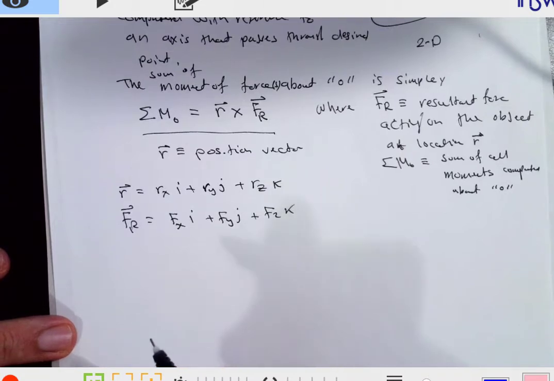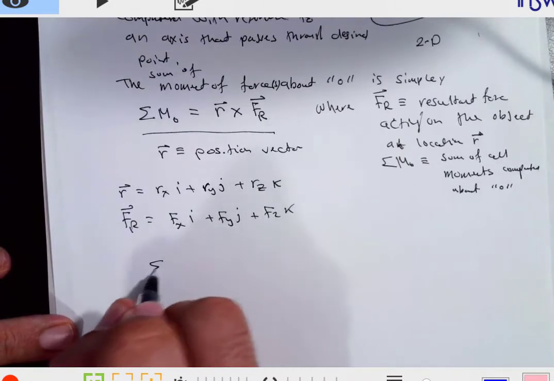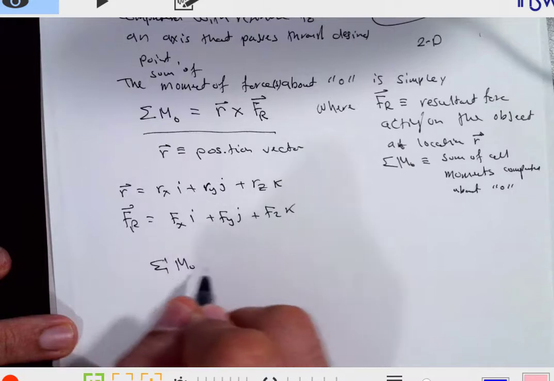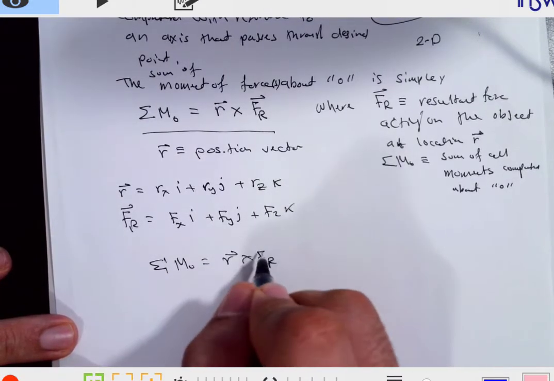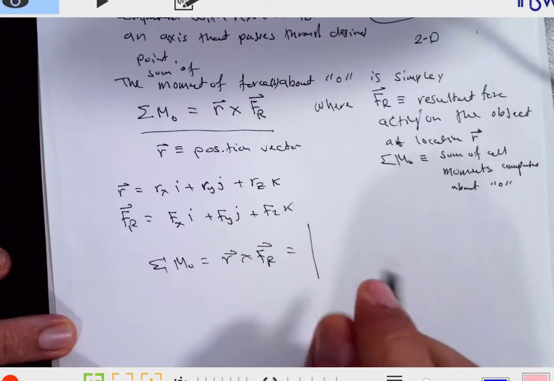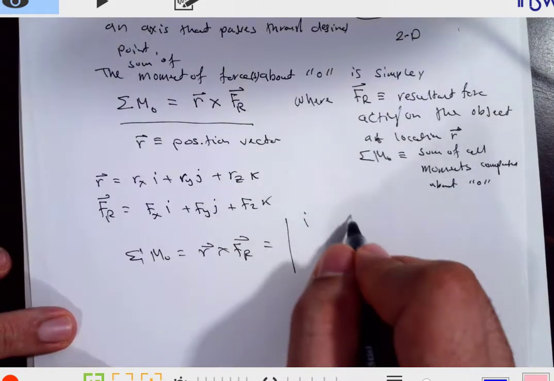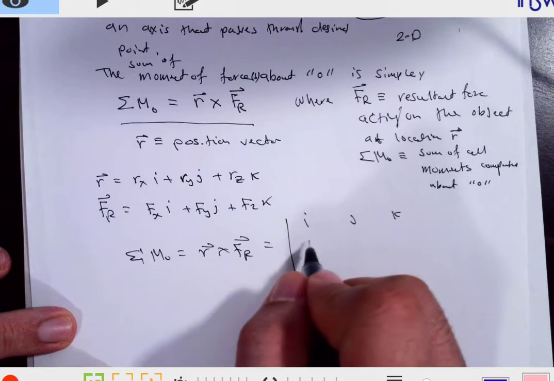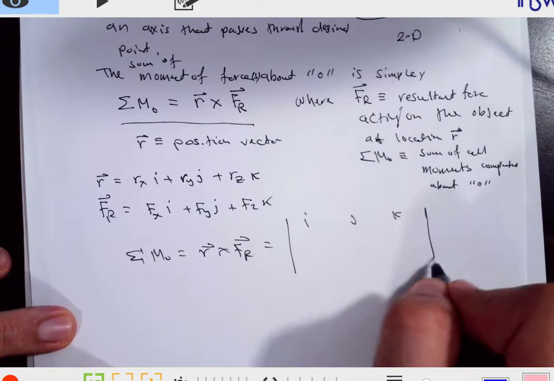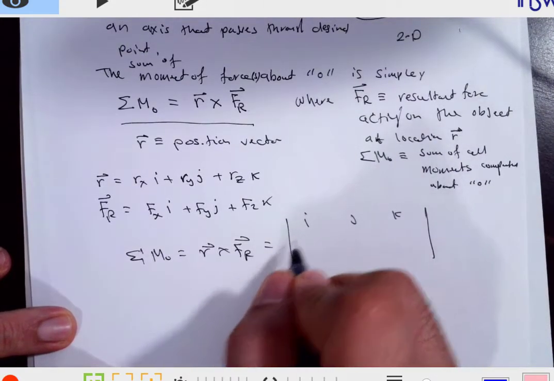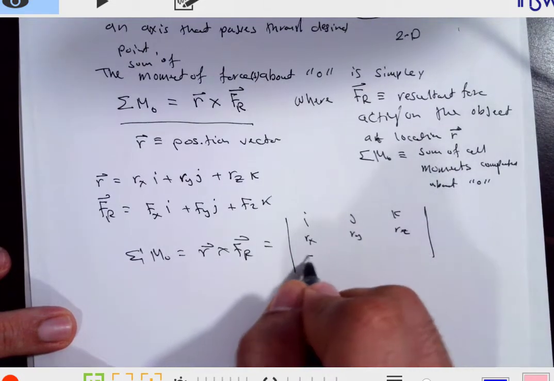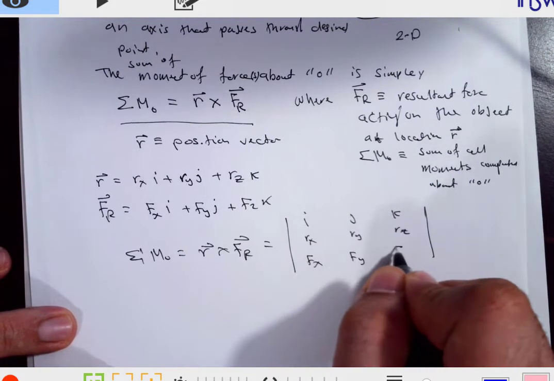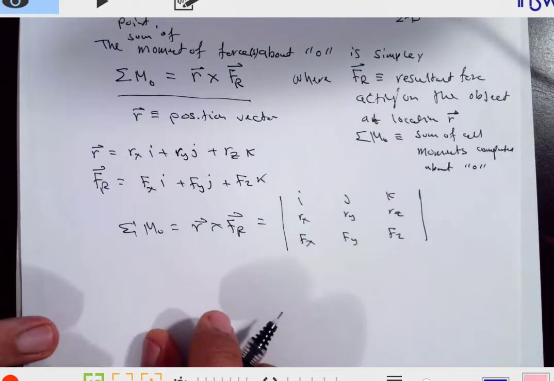Now, this cross product is an operation. Just to remind you, from statics, you learned that the cross product, R cross F, can be taken by using the determinant with i, j, k, and you write here the elements of R, Rx, Ry, Rz, and Fx, Fy, and Fz, right?